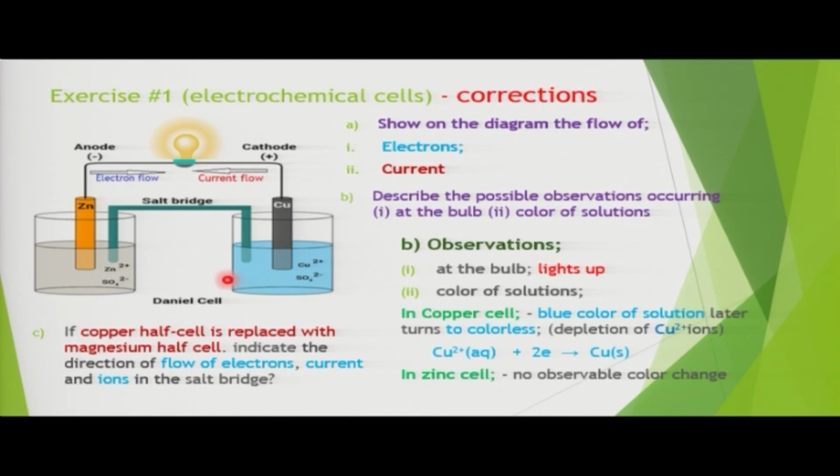So we expect the flow of electrons to be from the magnesium half cell, which would be right here, to zinc. In other words, our current direction will reverse. Electrons will move from the magnesium to zinc, and the current in the opposite direction of the electrons. So this was for you to draw it and indicate.